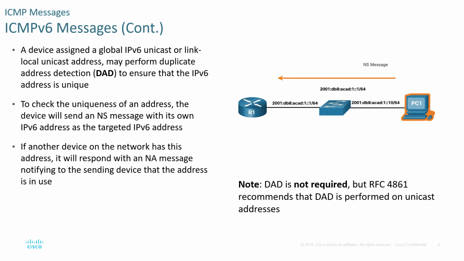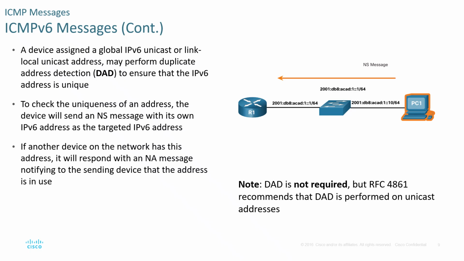A device assigned a global IPv6 unicast or link local unicast address may perform that duplicate address detection. So again, the duplicate address detection was a device sending out a request, much like an IP version 4 ARP request.